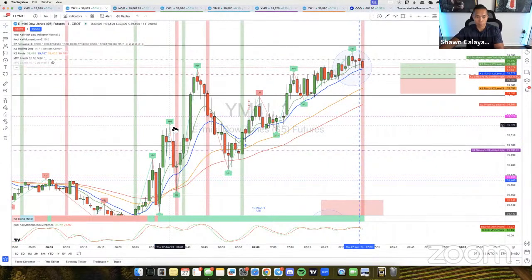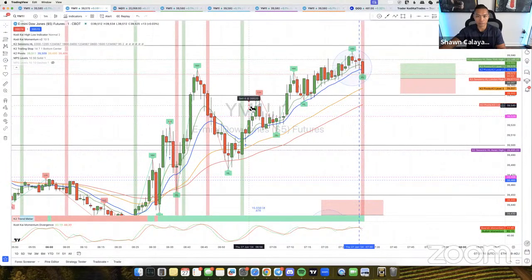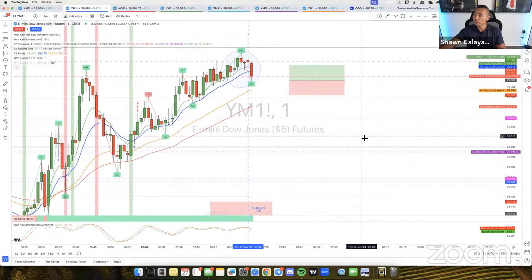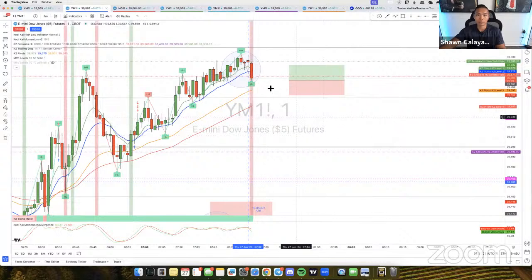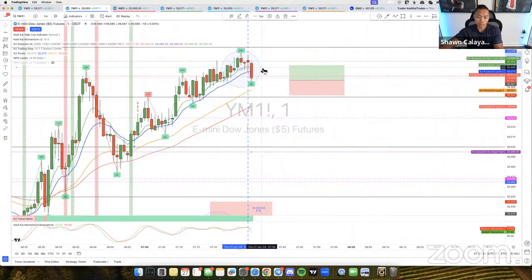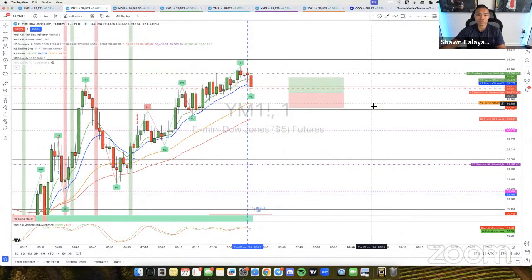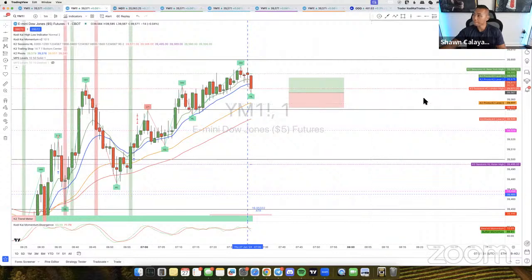You see the little arrows because I entered a buy right here, closed out right there, entered a buy right here, closed out right here. So it shows up on TradingView, but I wouldn't execute it on there directly. That's just me being paranoid because I don't want to get caught in a position and then the execution ends up being super late.